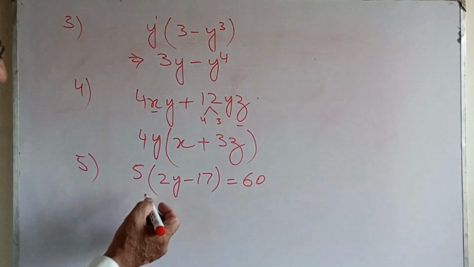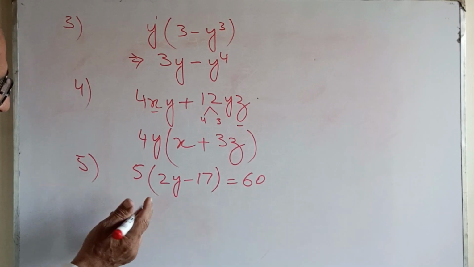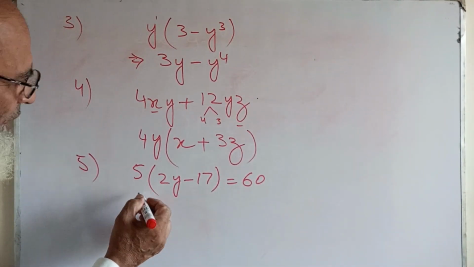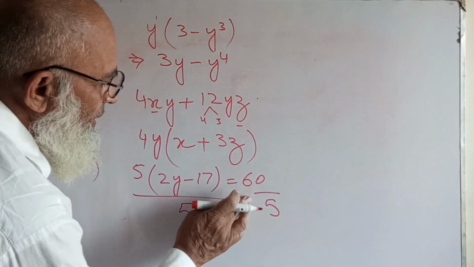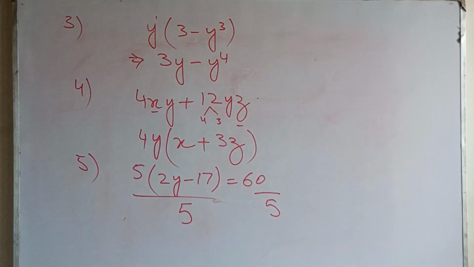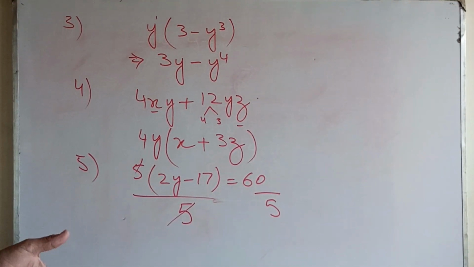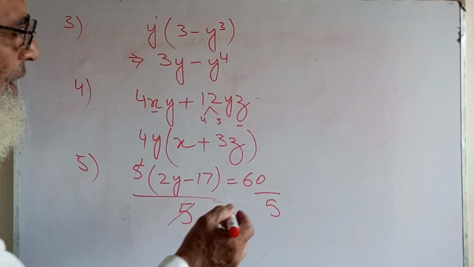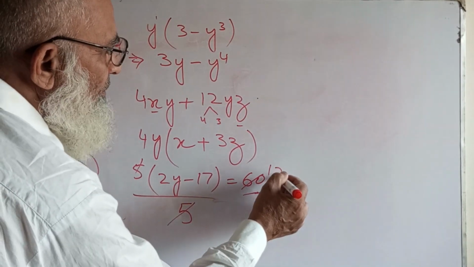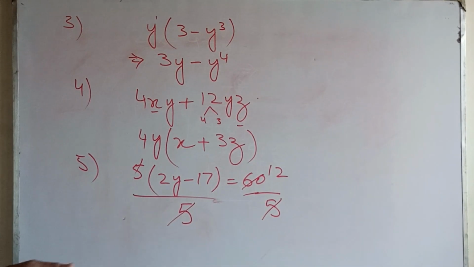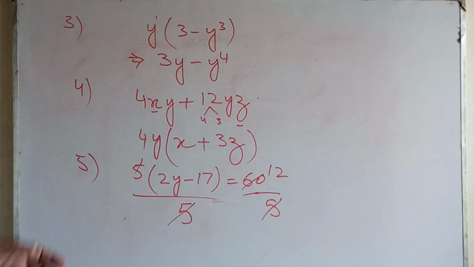At the very first step, you can get rid of it, but I am going to do it here. Divide both sides by 5, because whatever operation we do on one side, we do on the other as well. 5 times 12 is 60.